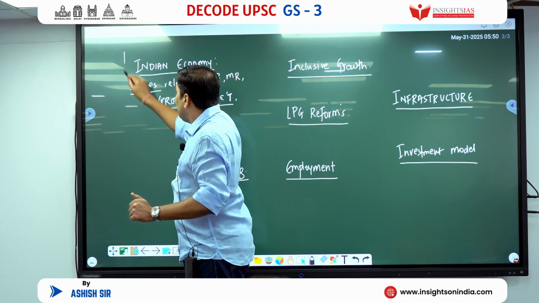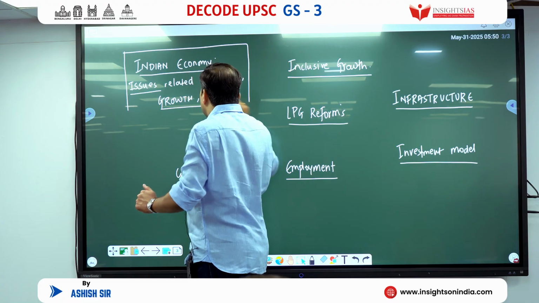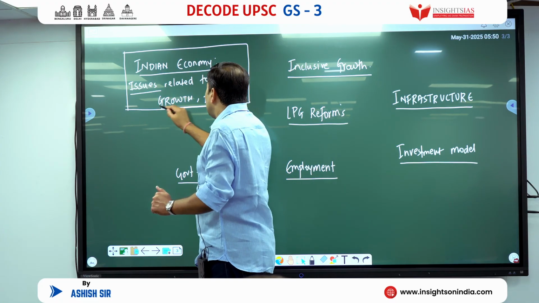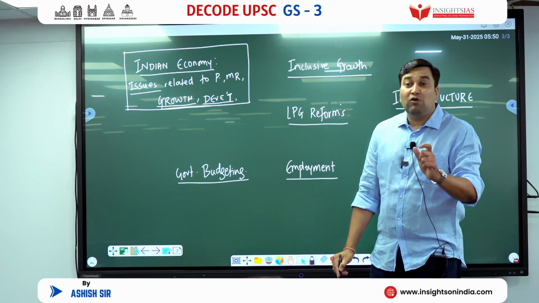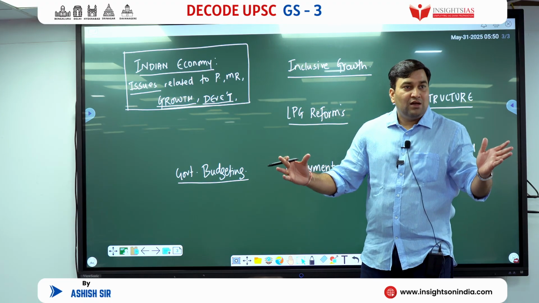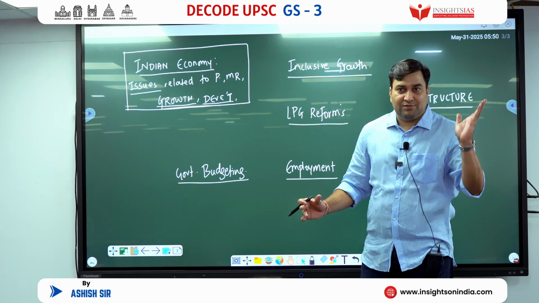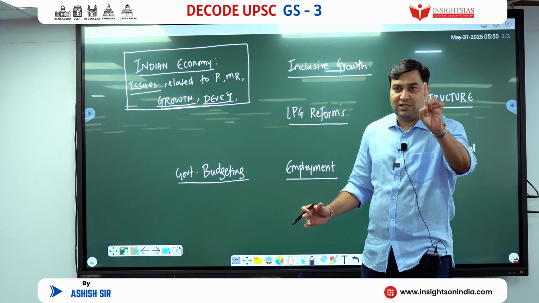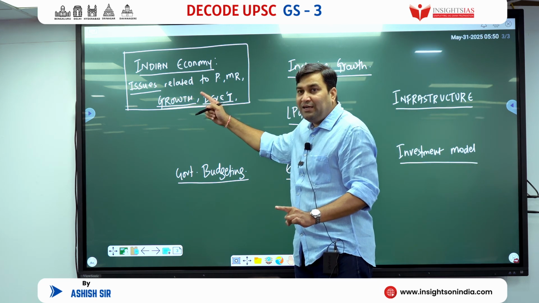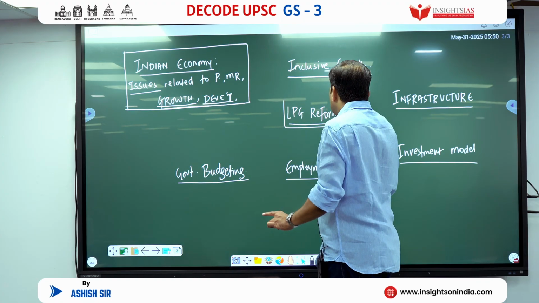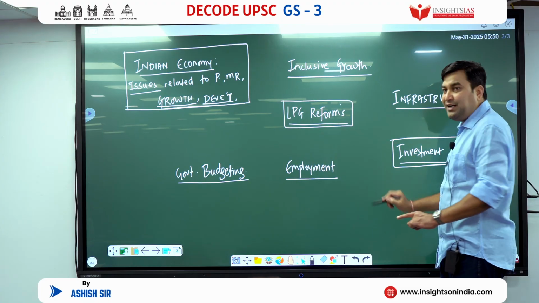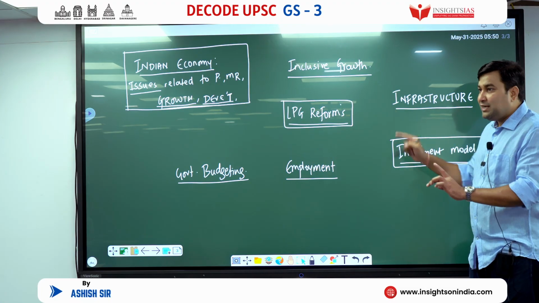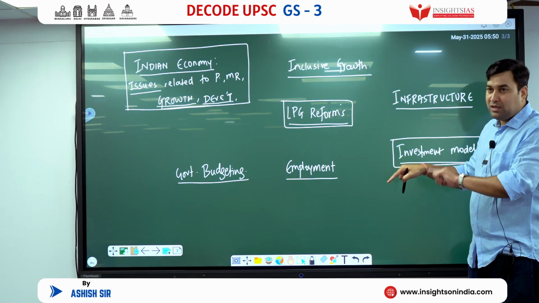If you try to understand the issues with respect to growth and development, these terms are very generic. They can include everything under the sun. Because growth and development is linked to LPG reforms, the post-LPG era. It is also linked to different types of investment. Am I right? I hope you're understanding. Depending upon this only, questions are asked.